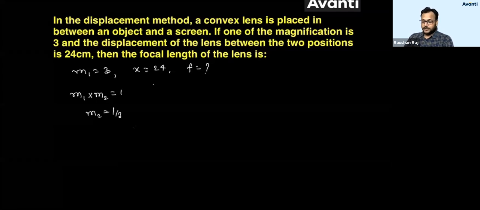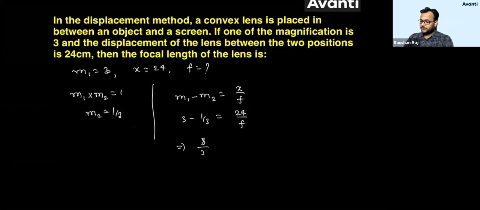I also know a relation which is M1 minus M2 will be equal to X by F. So 3 minus 1 by 3 is equal to 24 divided by F. So I would get 8 divided by 3 will be equal to 24 divided by F. This will give F is equal to 9 centimeter.